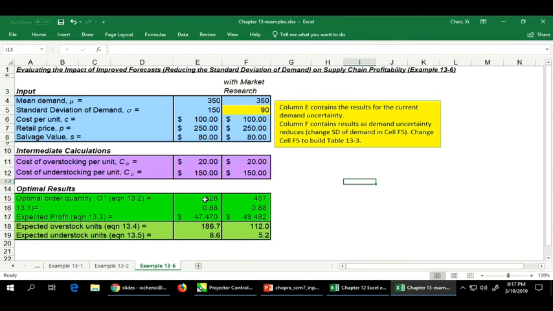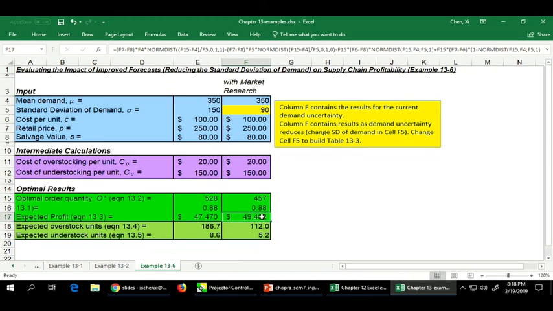You can see that if demand uncertainty is decreased, then we can afford a much lower optimal order quantity, therefore a much lower safety inventory, and the total profit is also increased because, one, we have better ability to match supply with demand, and two, the cost is also reduced.